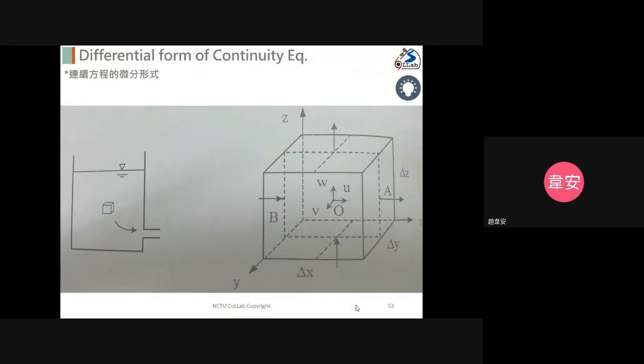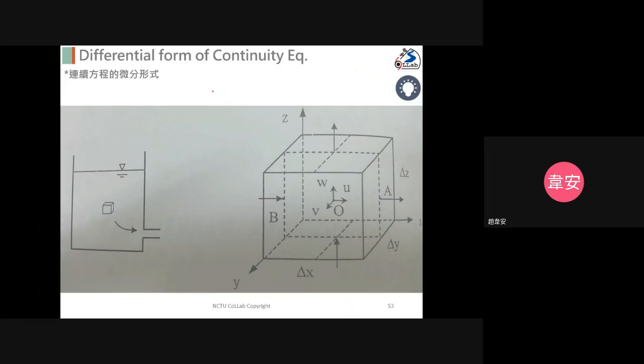Okay, welcome back. So now we move on to derive some important equations. The first one is the differential form of the continuity equation.